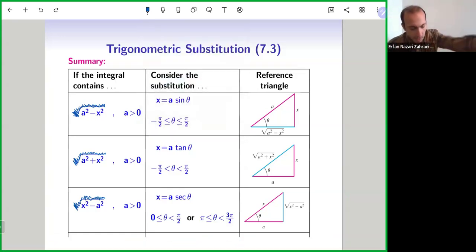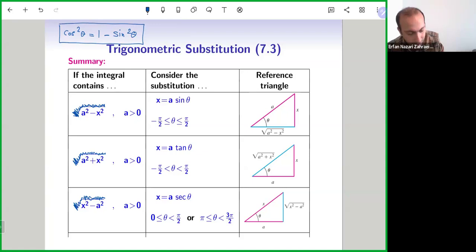If you recall, one of them was sine squared theta plus cos squared theta equals 1. If you move one of the terms to the other side, let's move sine, then you get this identity: cos squared is 1 minus sine squared.